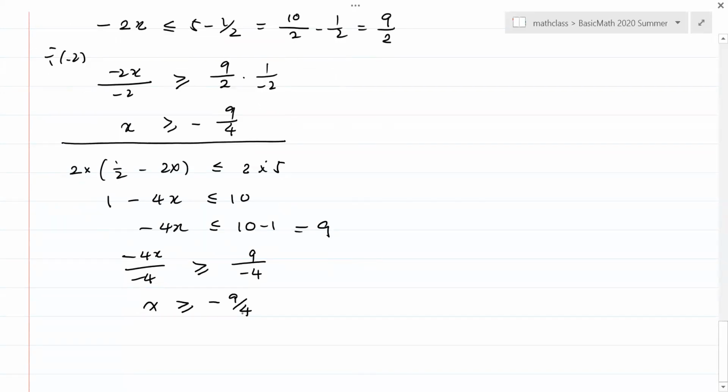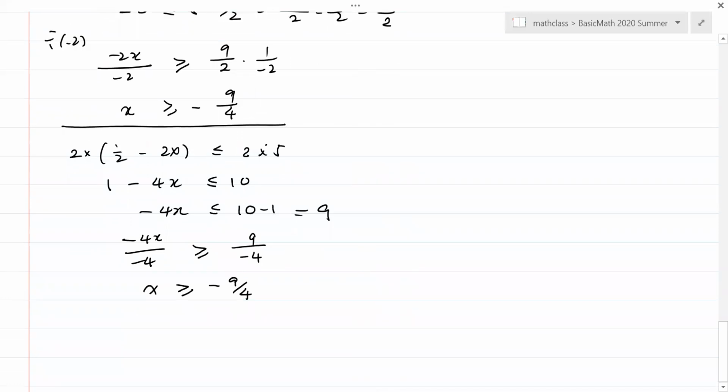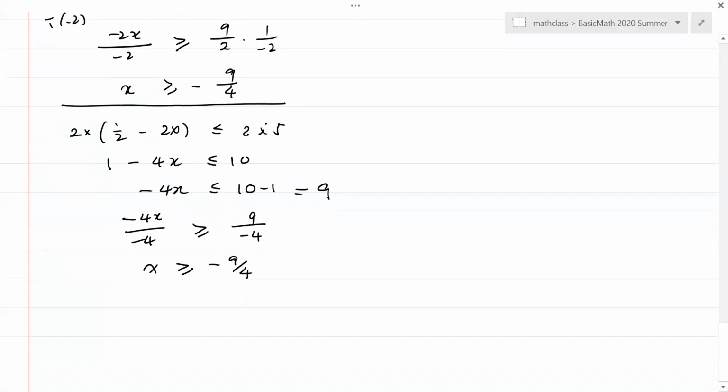Can you see that? Yeah, x is greater than or equal to -9 over 4. Okay.